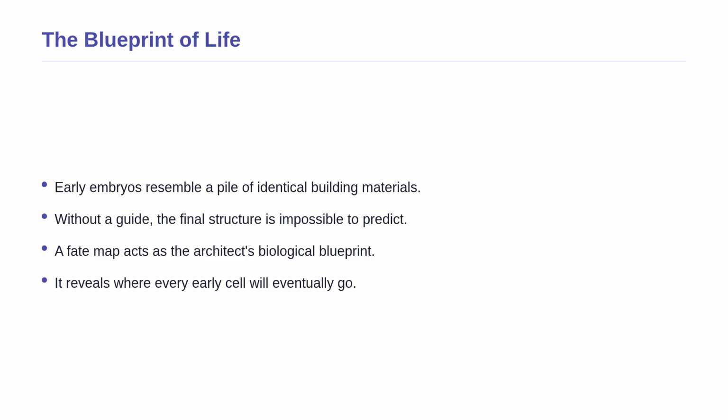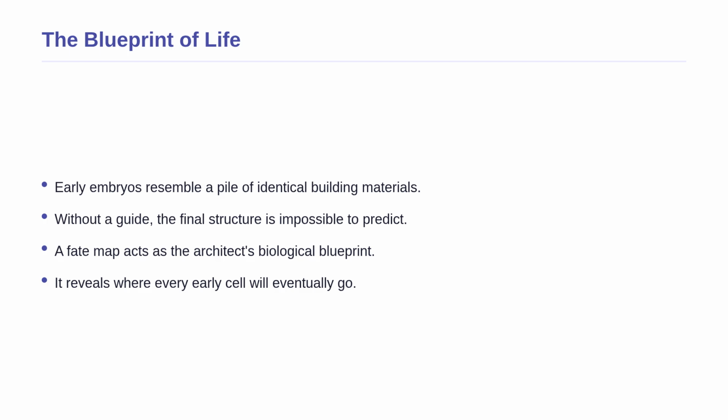To start our journey, imagine you are looking at a massive pile of building materials, like bricks, glass, wood, and steel. If you just stare at that pile, you have absolutely no idea what the final house will look like. However, if you have an architect's blueprint, it tells you exactly where every single brick and pane of glass will go.